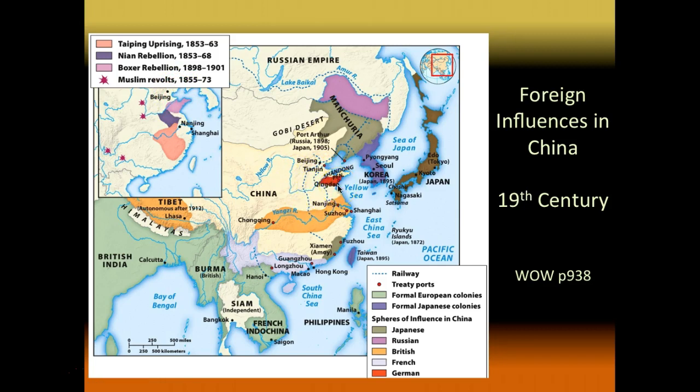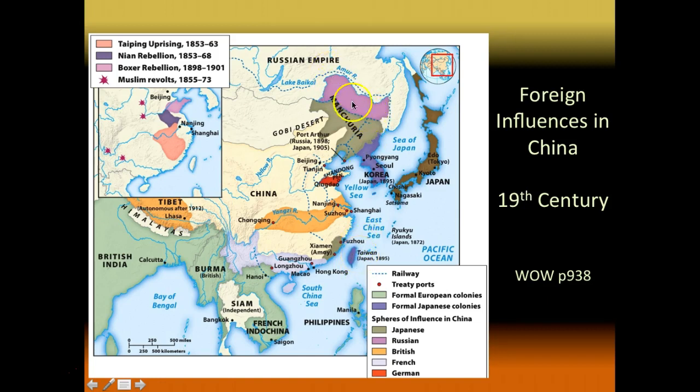And look at the foreign influences in China in the 19th century, in the mid to late 1800s. The red is German, right here. Japanese colonies of Korea and Taiwan, we'll talk about that in a moment.